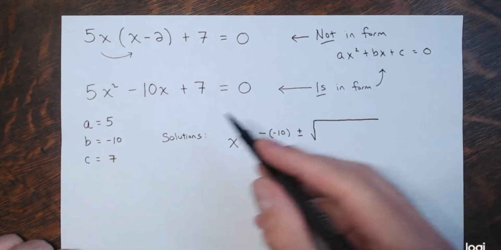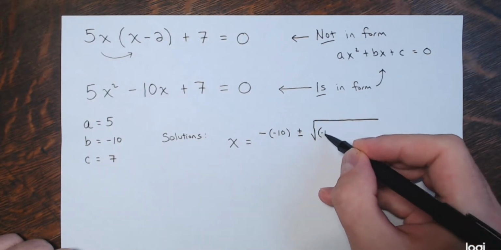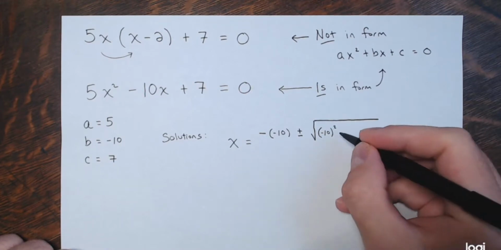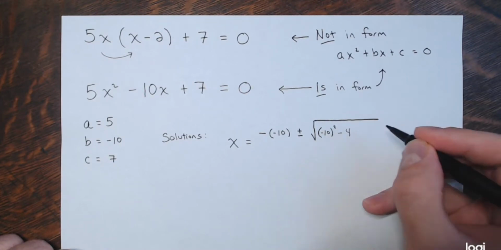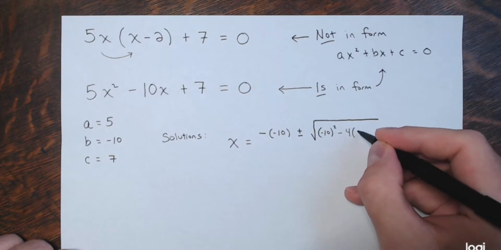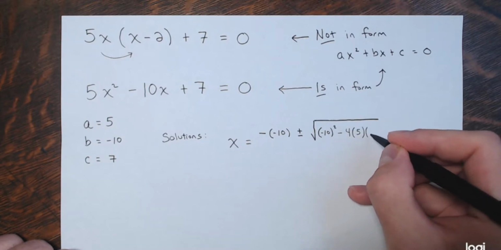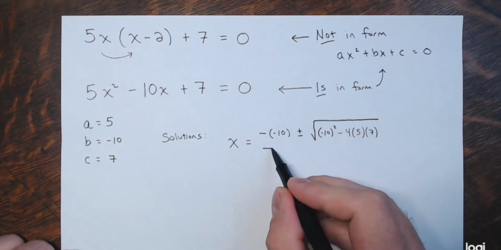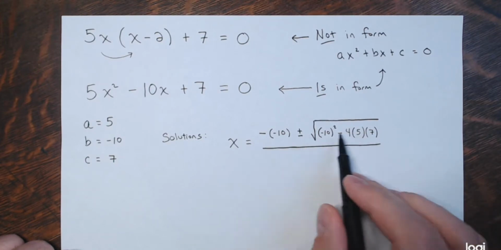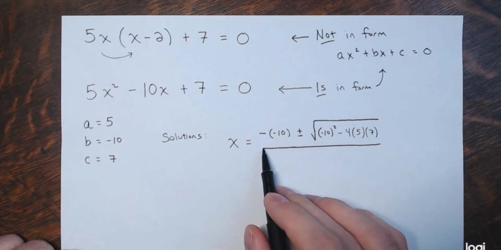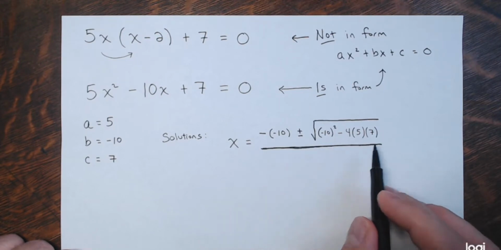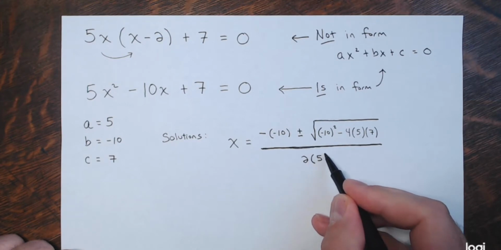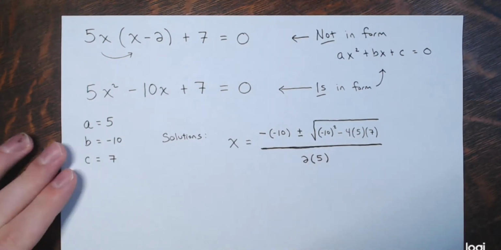So b squared, negative 10 squared, that'd be positive 100, minus 4 times a times c, 4 times 5 times 7. All of that is inside the square root symbol, and then all of this is in the numerator, divided by 2 times a, 2 times 5 in the denominator. All right, and now we simplify.